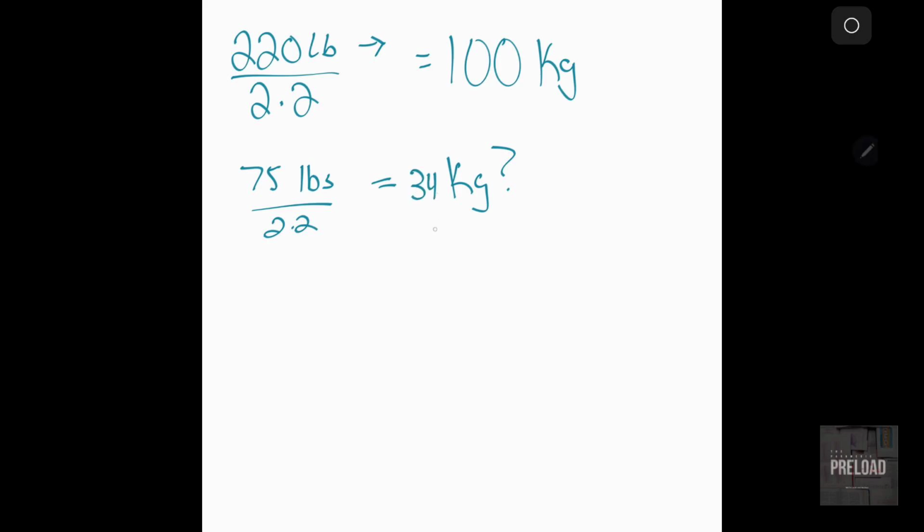And technically speaking, it is 34.09. Now, if I was taking a test or working through some math problems on paper, I would leave that 34.09. Let's just be honest, when you get out in the field, that 34 is what you're going to run with. It's close enough for us to be able to get there.